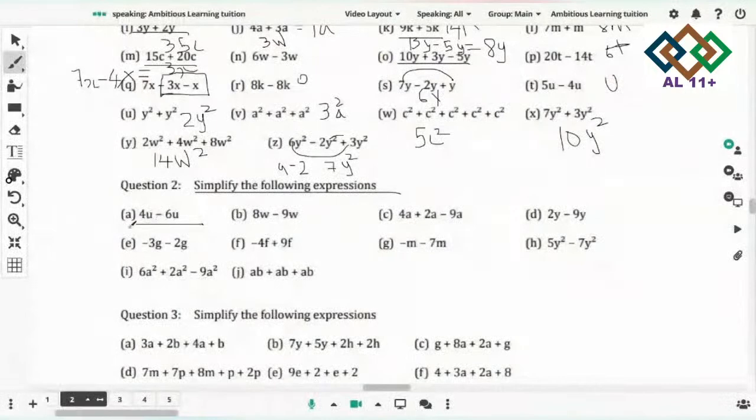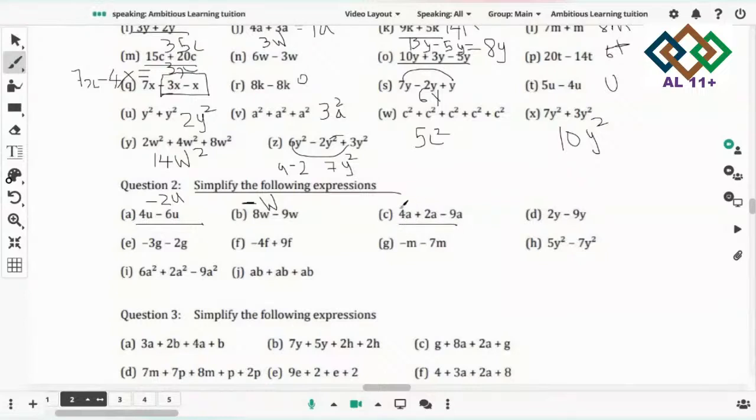So your number 1 would be, you're minusing it and you take the sign of the bigger one. So that's minus 2u. And for B, it will be minus 9w. Again, we are taking the sign of 9, and the sign of 9 is minus. So we take the sign of the bigger one.